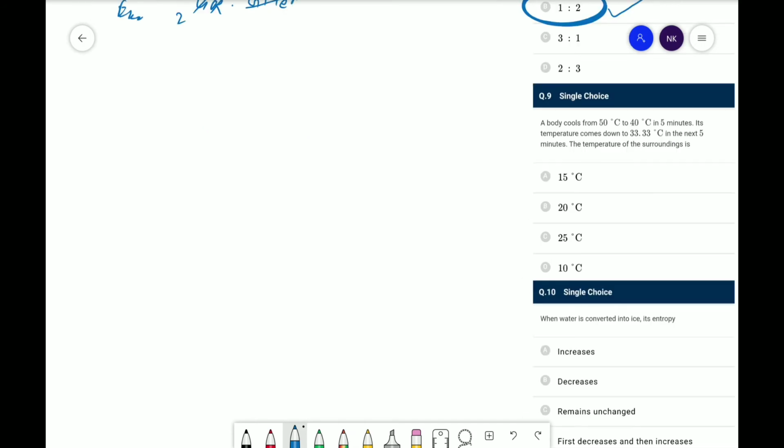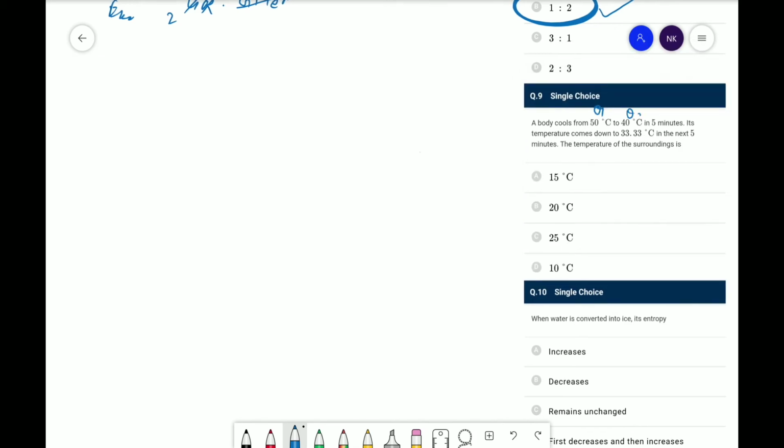Question: a body cools from 50 degrees Celsius to 40 degrees Celsius in 5 minutes. Its temperature comes down to 33.33 degrees Celsius in the next 5 minutes. So here the cooling is theta 1 to theta 2 in 5 minutes. Applying Newton's law of cooling, we know that log of (theta 2 minus surrounding temperature theta naught) divided by (theta 1 minus theta naught) will be equal to minus kt.